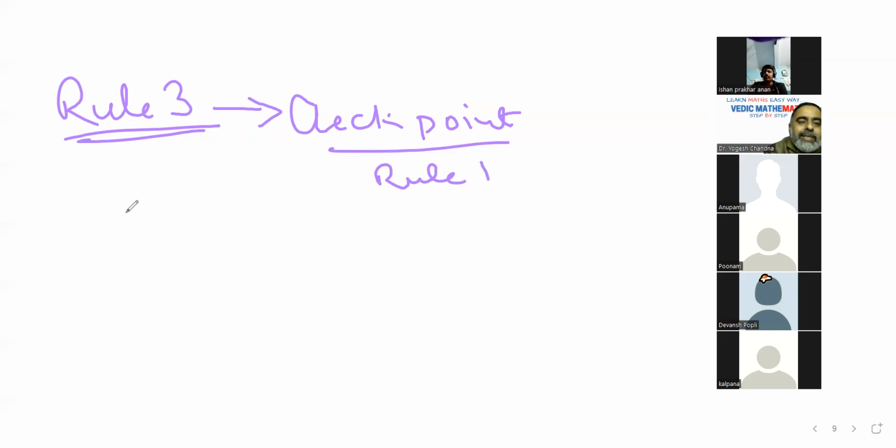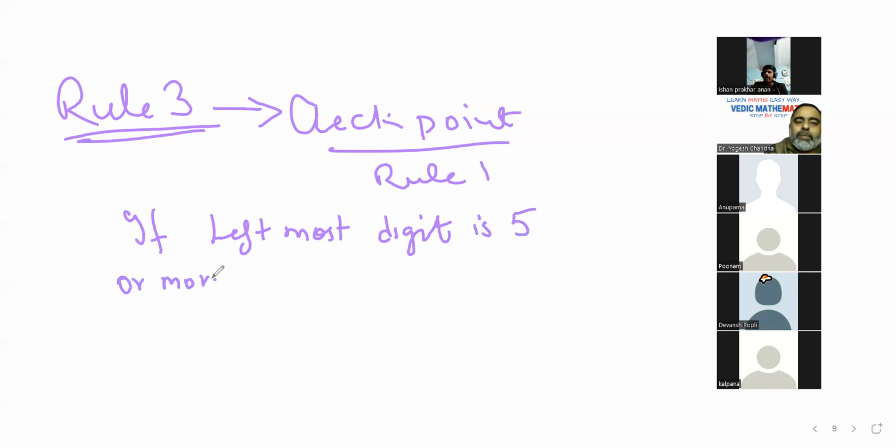And what does this say? If the leftmost digit is 5 or more, add 0 to its left.